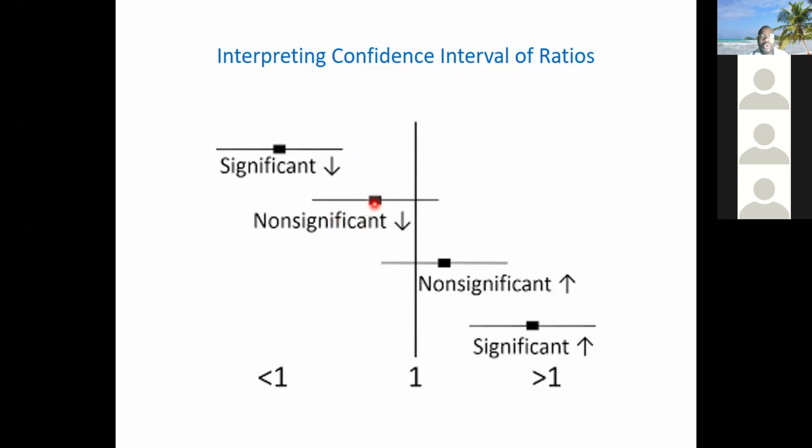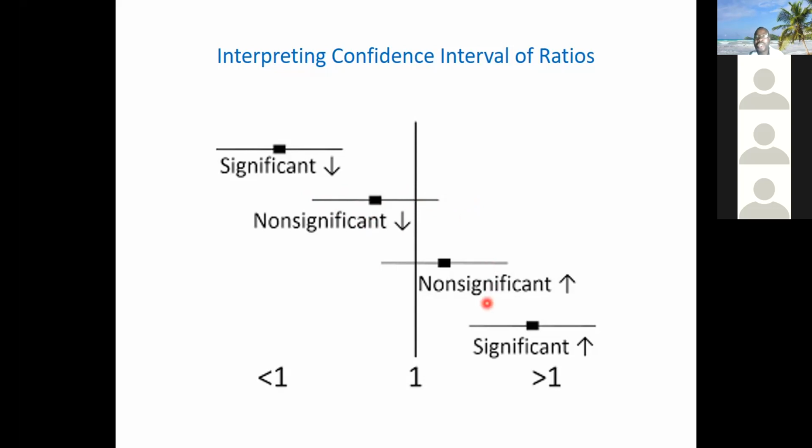In this second one, what you calculated is less than 1, but the confidence interval starts from less than 1 and ends after 1. It shows that it's not significant, even though it's trying to tell you that the people that are exposed have less of the disease, because it has crossed 1, it can be anything in the population.